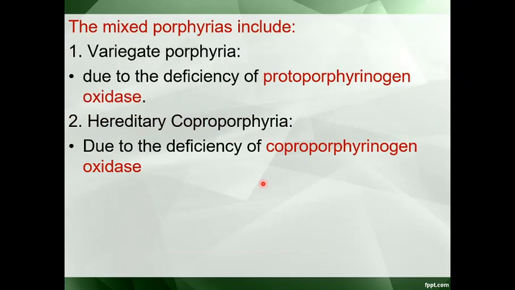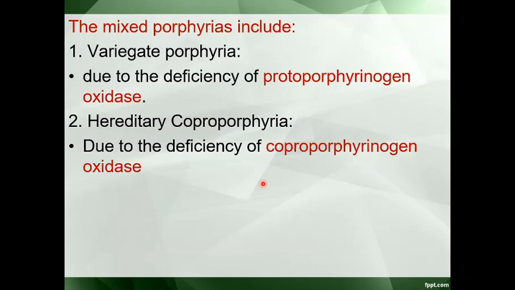The mixed porphyrias include variegate porphyria and hereditary coproporphyria. Don't get confused. These two porphyrias were discussed before in the acute type and the chronic type. Same enzyme deficiencies.